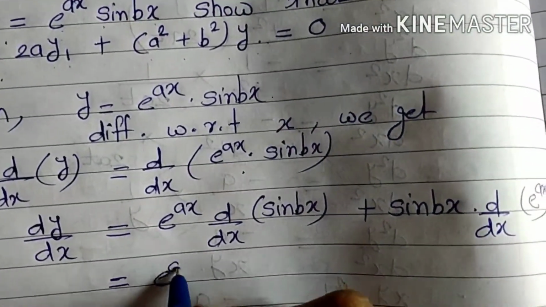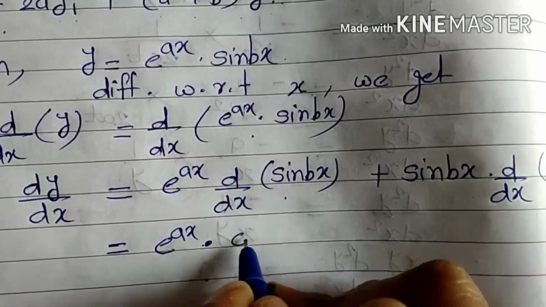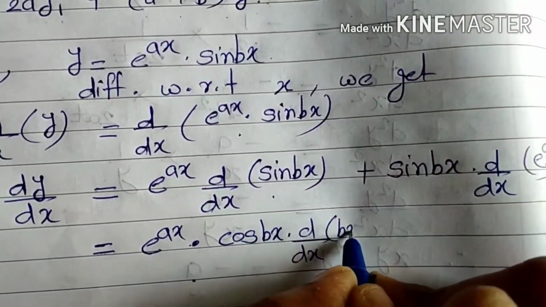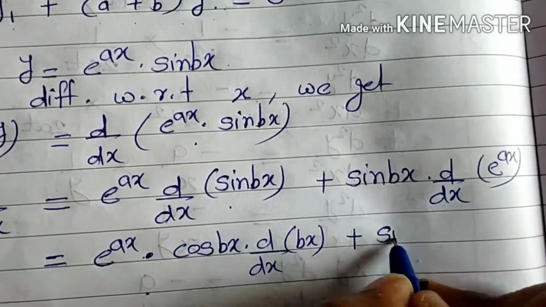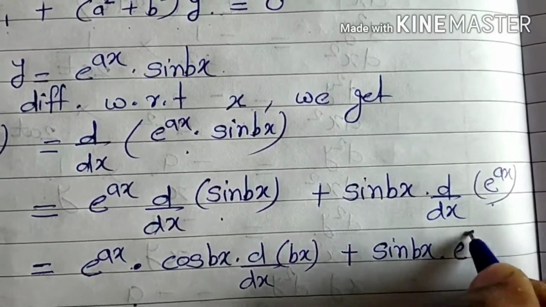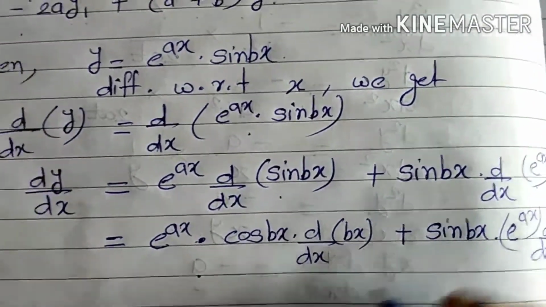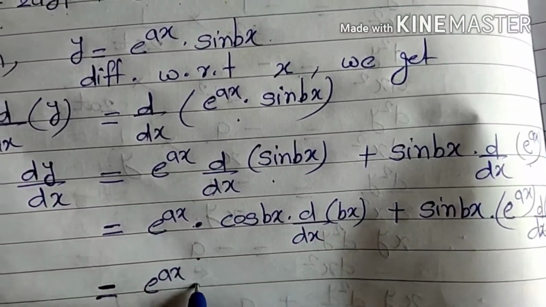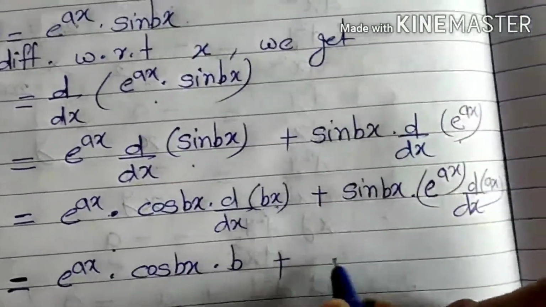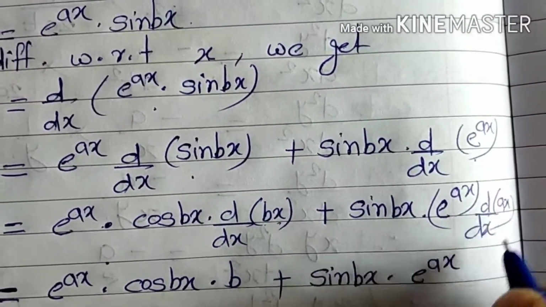So e raised to ax as it is, derivative of sin bx is cos bx, and we also take the derivative of bx, which is b. Plus sin bx as it is, derivative of e raised to ax is e raised to ax, and the derivative of ax is a.